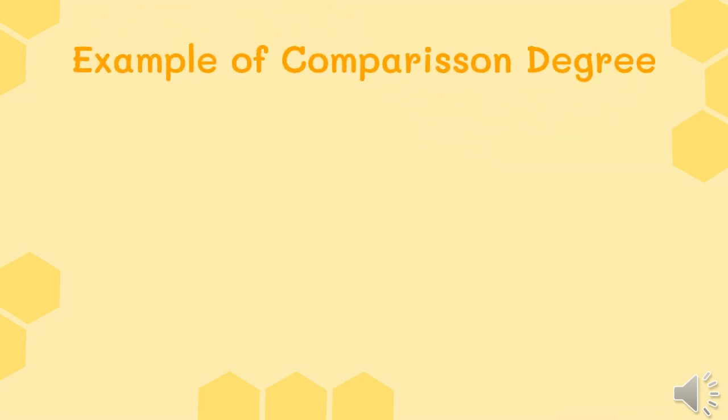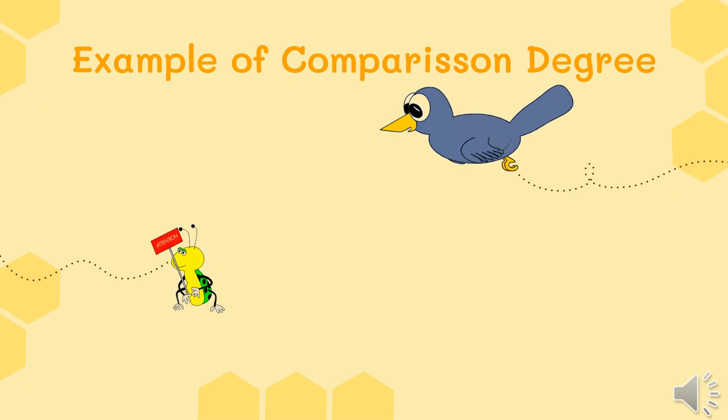Here, I'll give you an example of comparison degree. As you can see in the pictures, there are two kinds of pictures. They are animal pictures. There's a bug and a bird. You can see that their size is different, right?